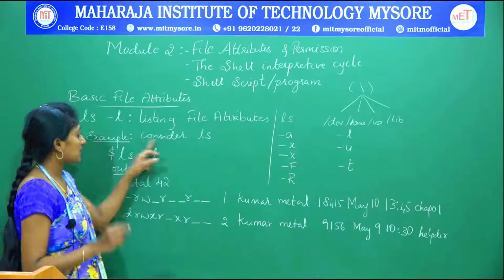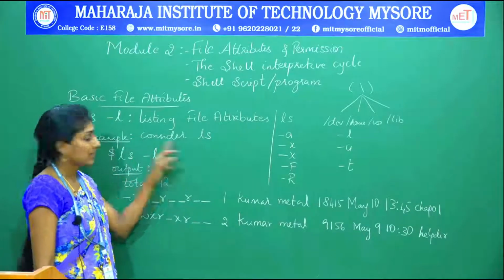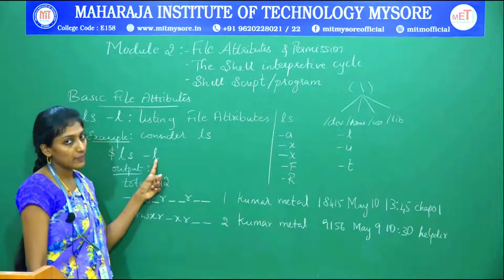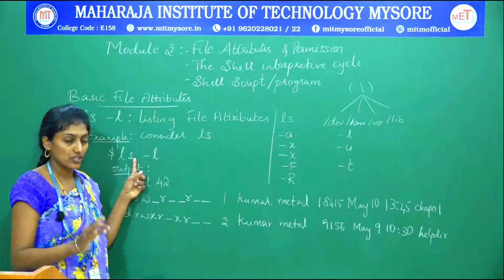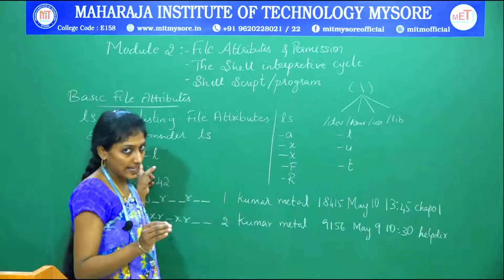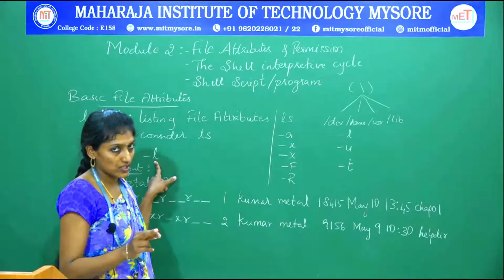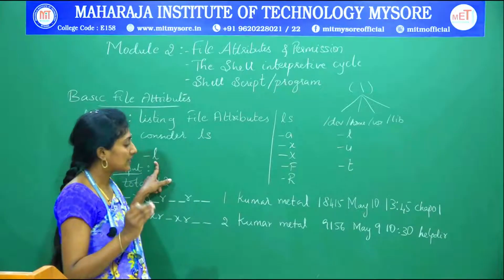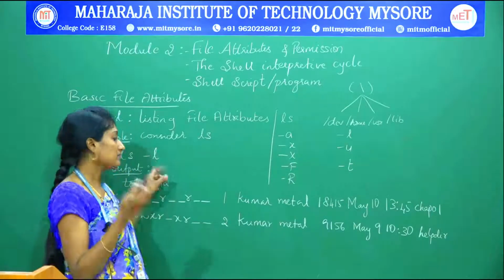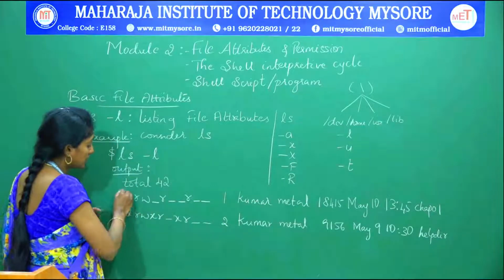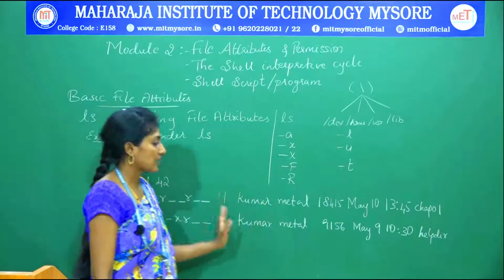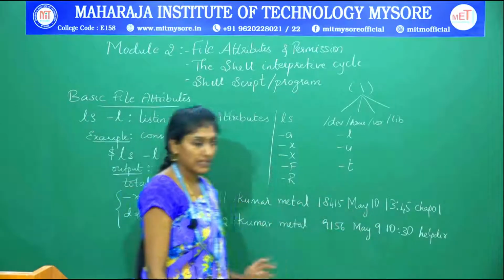Let us consider one simple example, that is ls -l. The ls command always displays the list of files within the current directory, and if you specify the option l, it displays the attribute contents of each file. Once you execute ls -l, 7 attribute contents will be displayed.